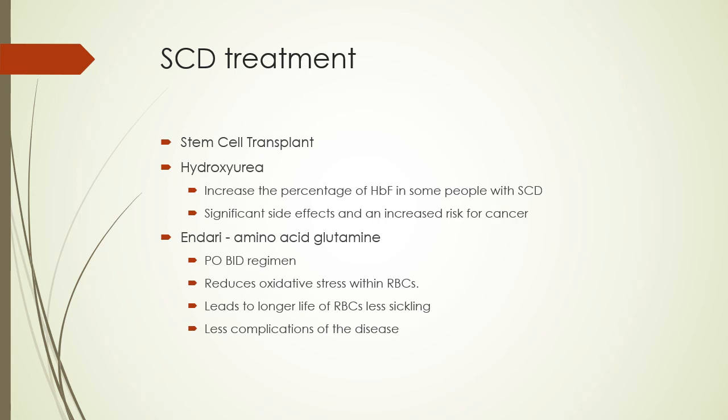Hydroxyurea can actually increase the percentage of hemoglobin F in some people, and it can be a long-term therapy. And hydroxyurea can lead to an increased level of fetal hemoglobin, and this way the complications of sickle cell disease will be delayed.